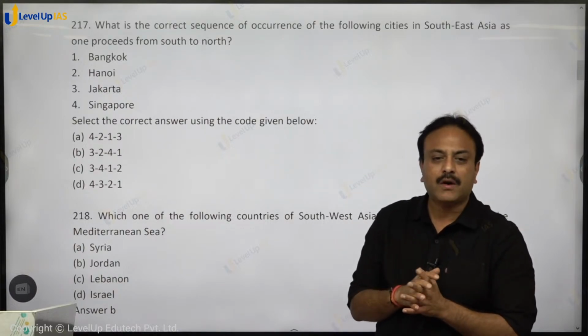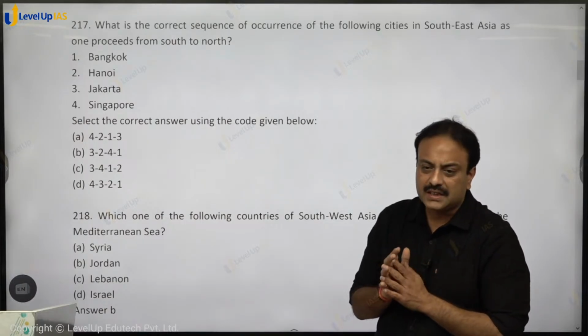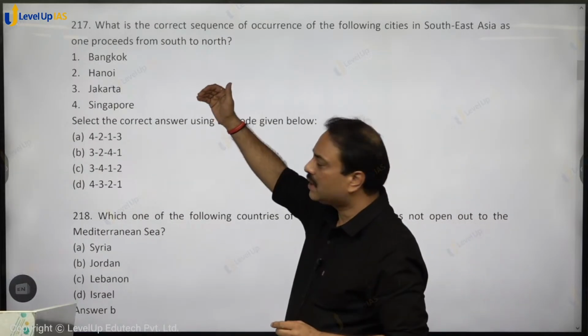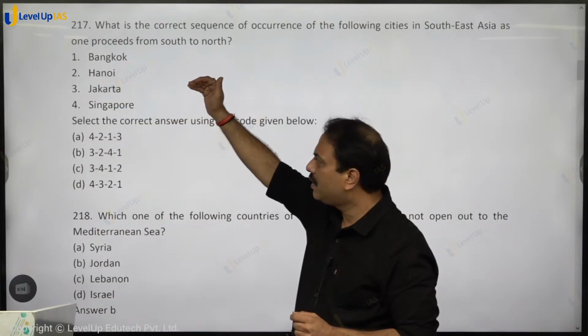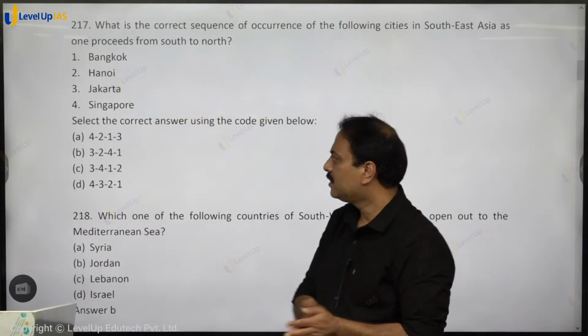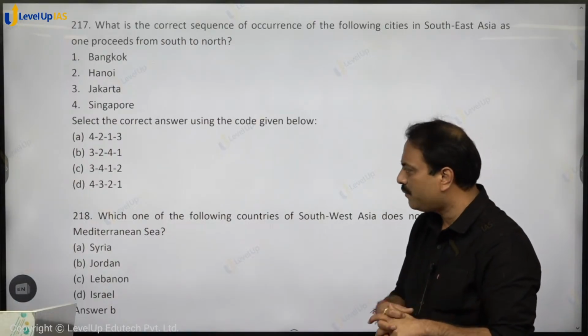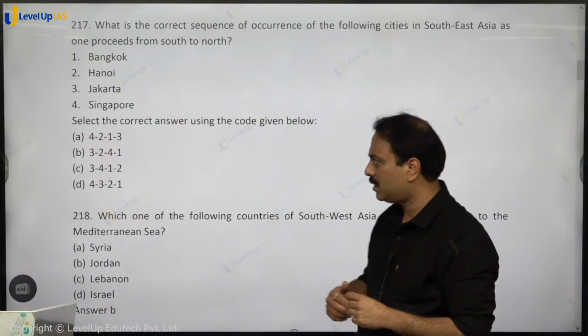Ho Chi Minh City, Mekong drains in South China Sea. River Hong drains at Hanoi, that is Gulf of Tonkin. So the south to north order will be Jakarta, Singapore, Bangkok, Hanoi. So it should be 3, 4, 1, 2. Option C, C for cat, shall be the right answer to this particular question. Clear on that?